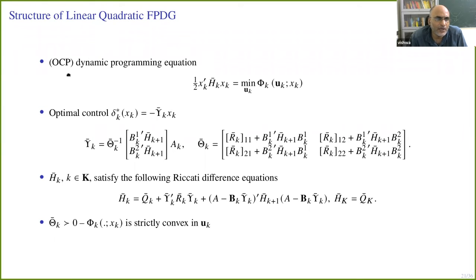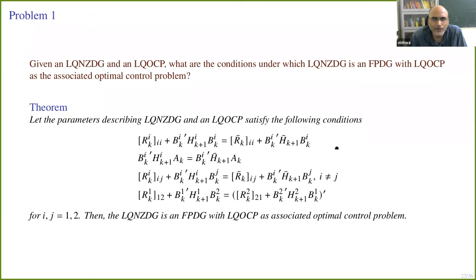Now for the optimal control problem, the parameters are with bars. I can also compute all these parameters, and I assume that theta is also strictly convex. Now that the game and the optimal control problem are known, I want to know when exactly the solution of this optimal control problem is the feedback Nash equilibrium of the game.